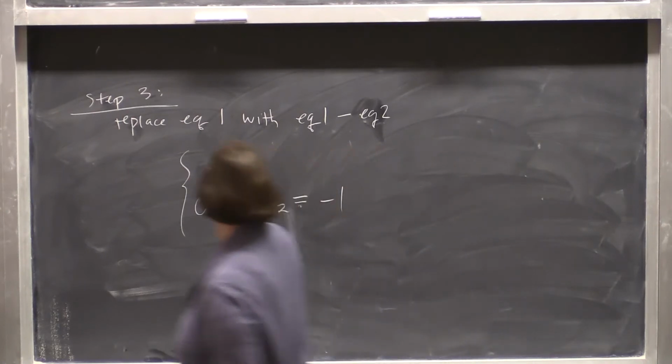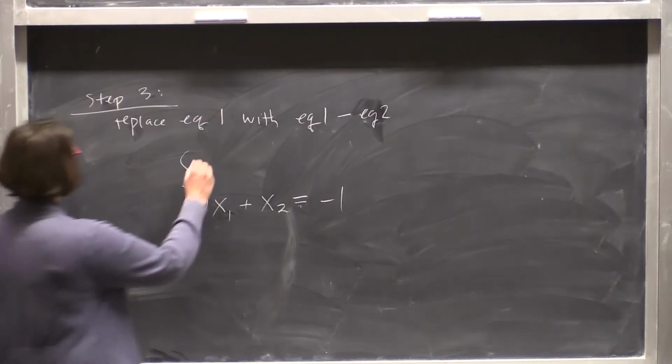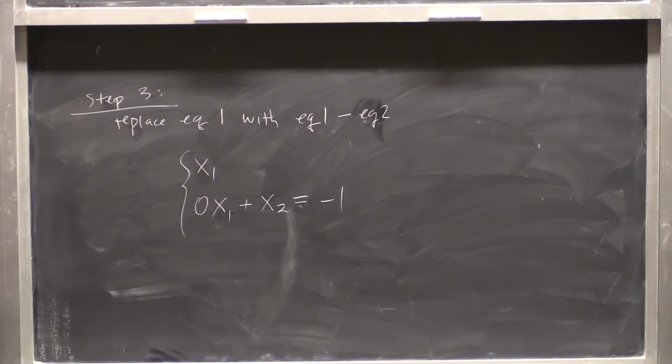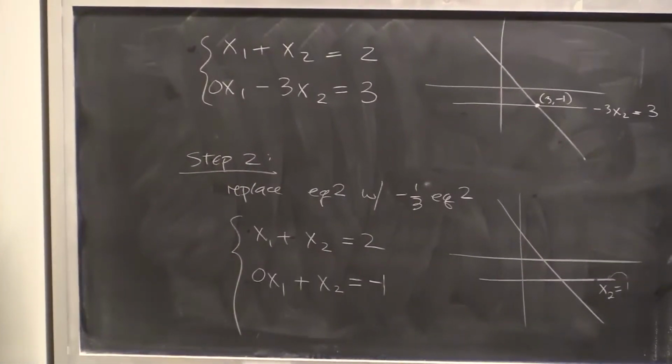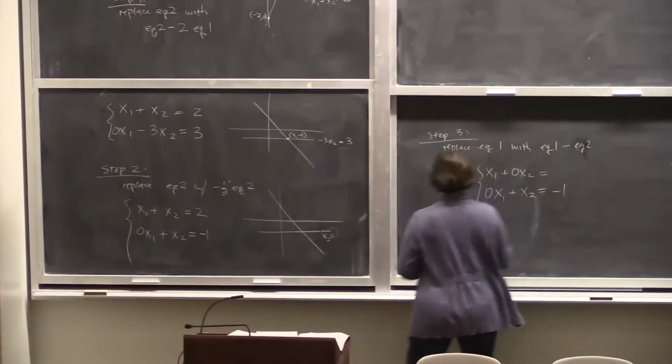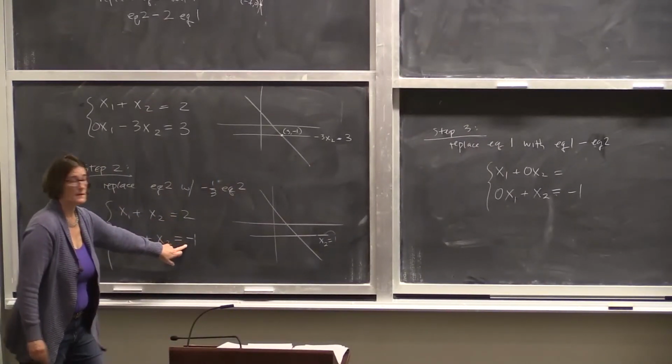So equation 1 minus equation 2. This minus this is x1. This minus this is 0. This minus this is 3.